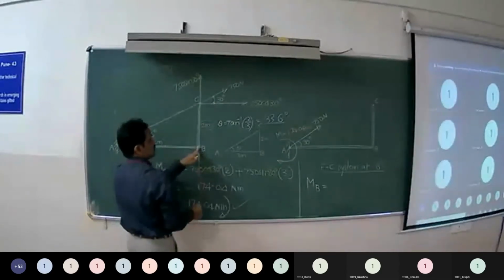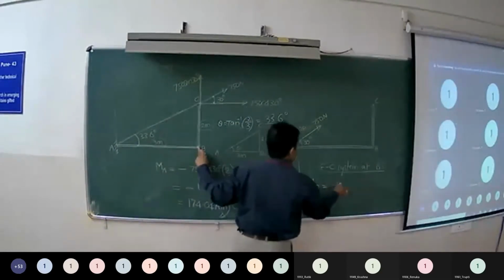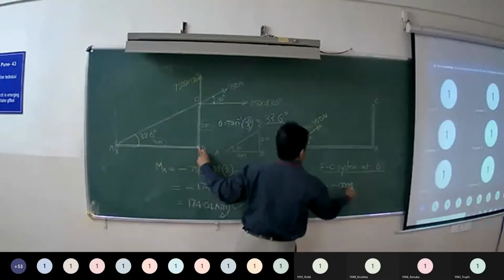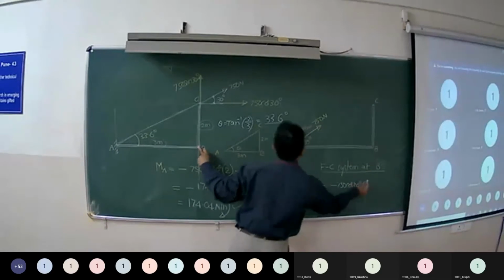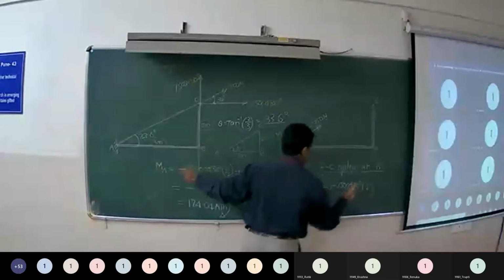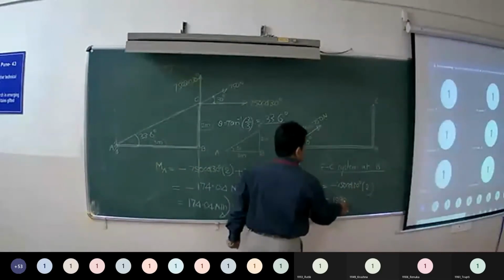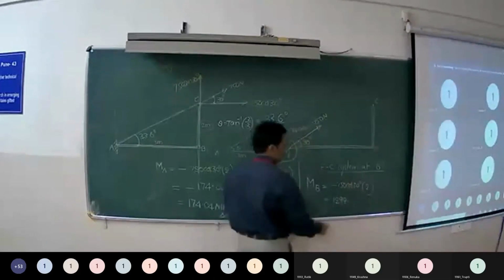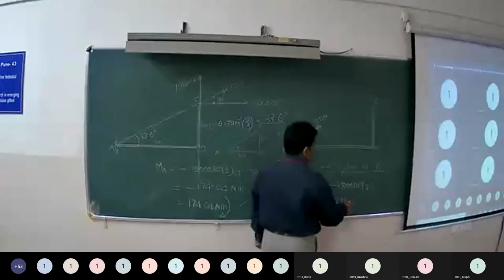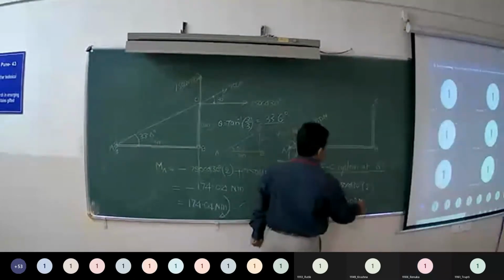Line of action is passing through it. Moment of horizontal component is clockwise, so minus 750 cos 30 into perpendicular distance, which is 2. So that is 1299.038, about 1299.03 Newton meter clockwise.